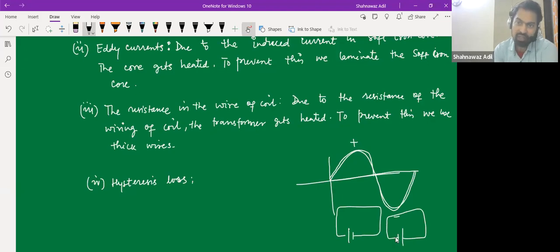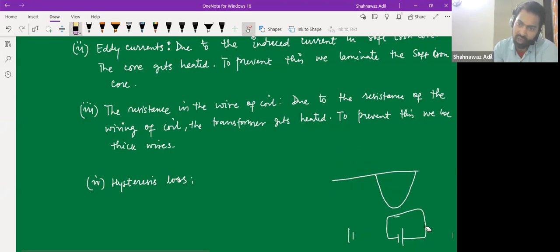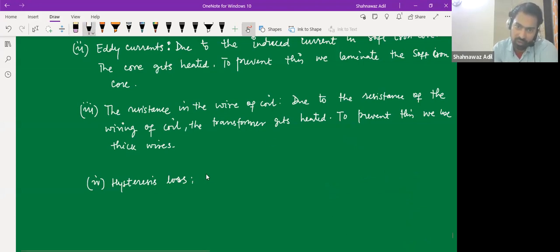So the magnetization would change, right? Because due to current there is a magnetic field, but the current is changing its direction, so the magnetic field will change its direction. So magnetization will change. Due to this change in magnetization, you have this hysteresis loss, right?